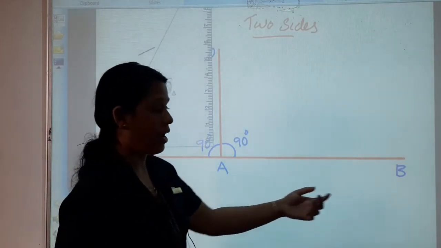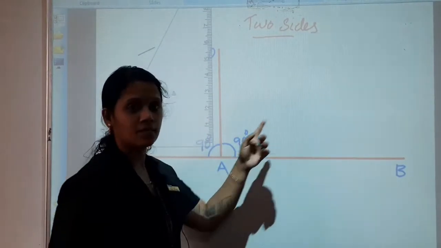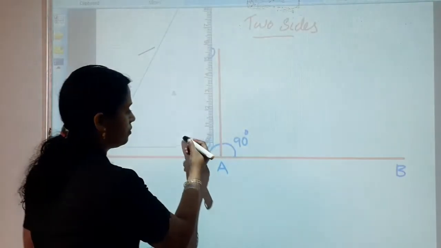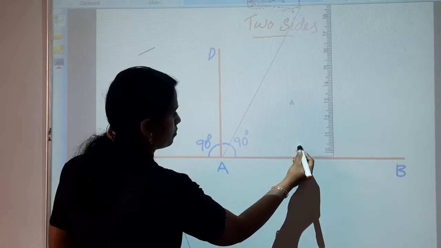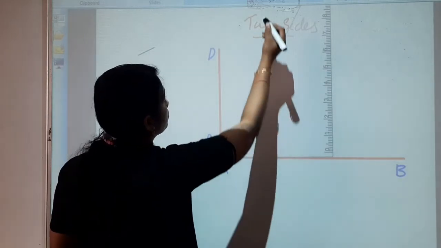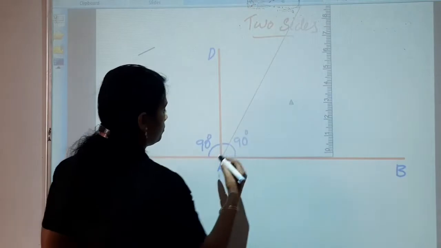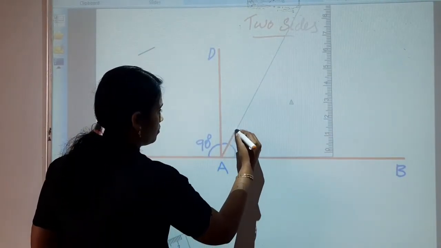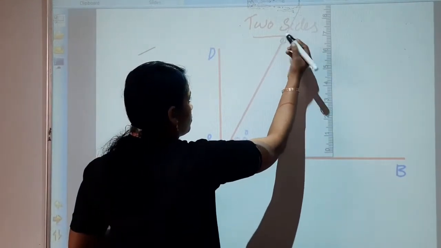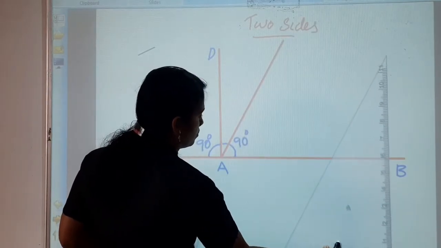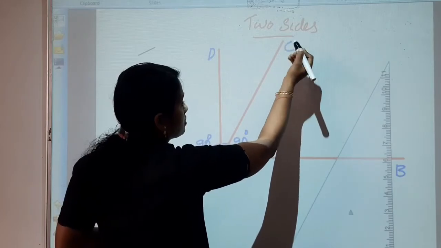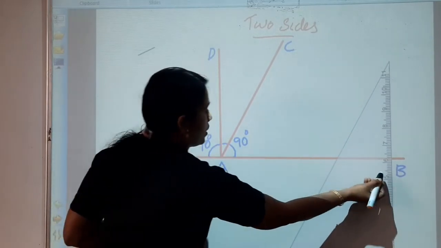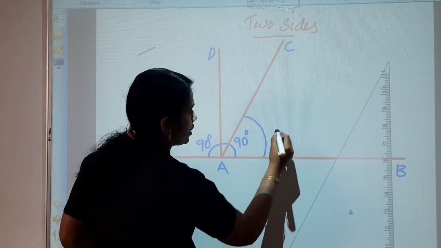Now we can draw an angle BAC 60 degree. So angle CAB 60 degree.